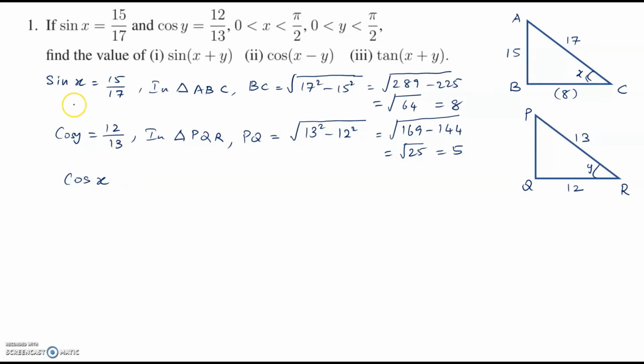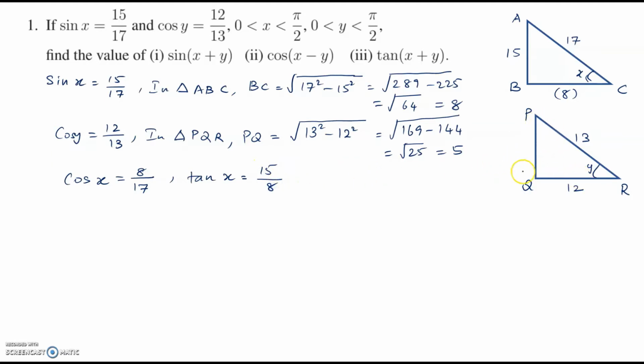Next, let's find our cos x. We have sin x as 15 by 17. So our cos x using the first right angle triangle would be 8, adjacent side, by hypotenuse, which is 17, and our tan x will be opposite side by adjacent side, which will be 15 by 8.